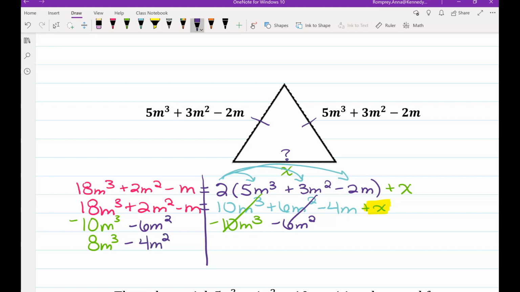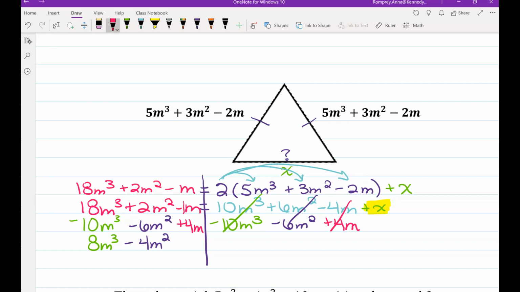Okay, and then last one, that negative 4m. So opposite, positive 4m. So I use my addition property of equality. Now remember, this top one is a negative 1m.